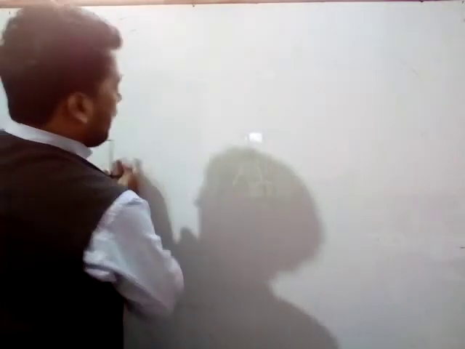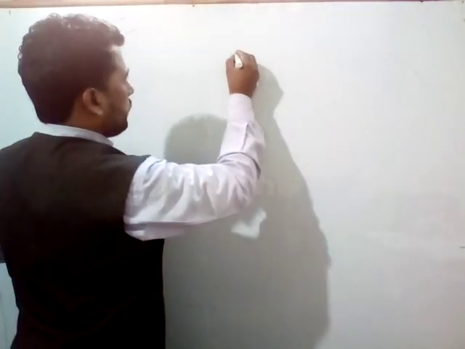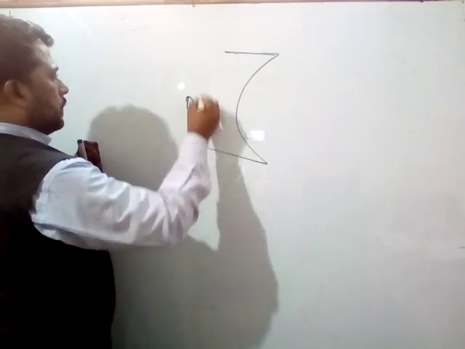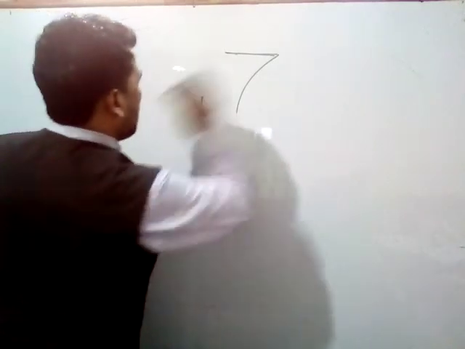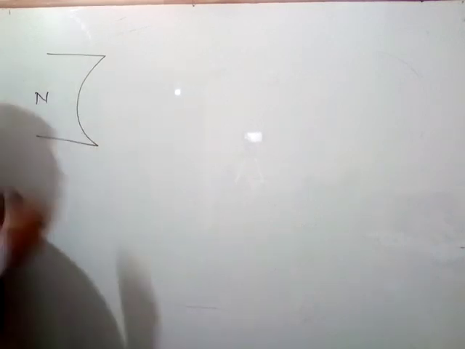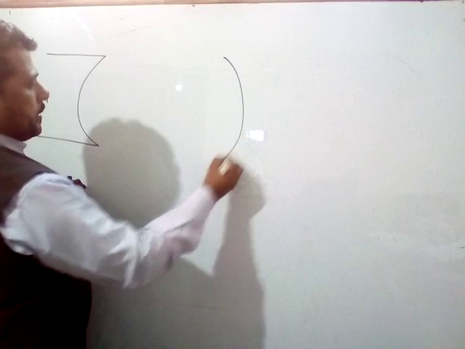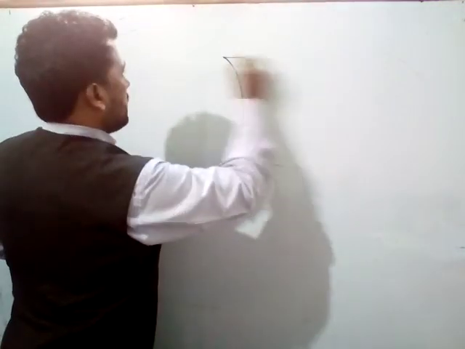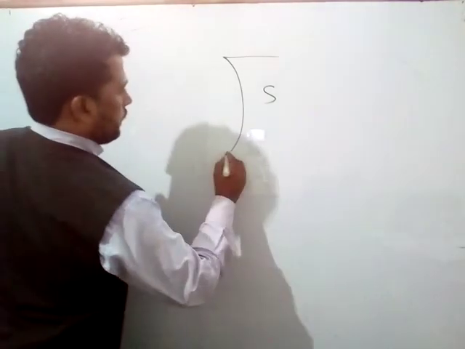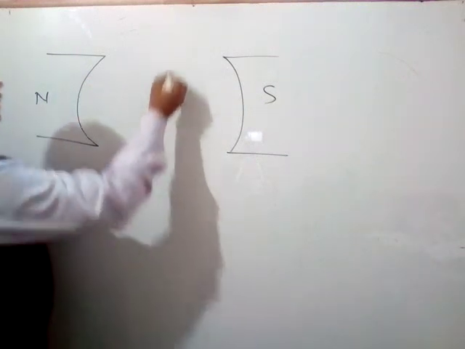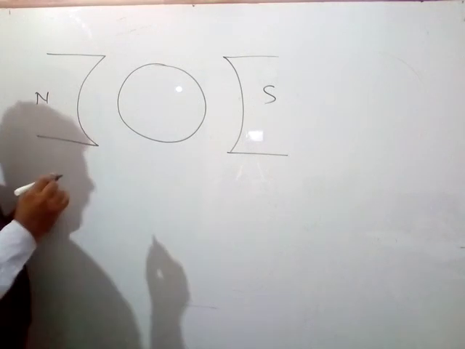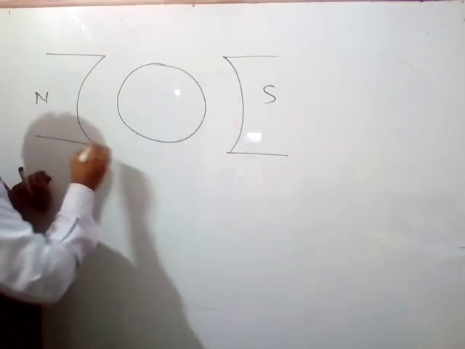Let me discuss here its diagram. These are two strong poles, N and S, and here this circular loop is placed between these two strong poles.